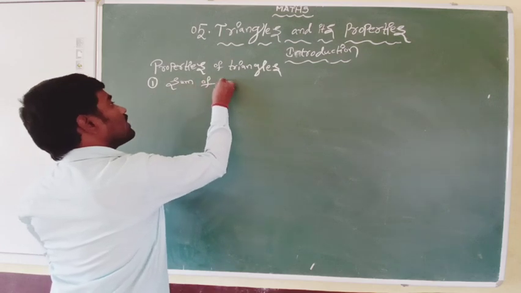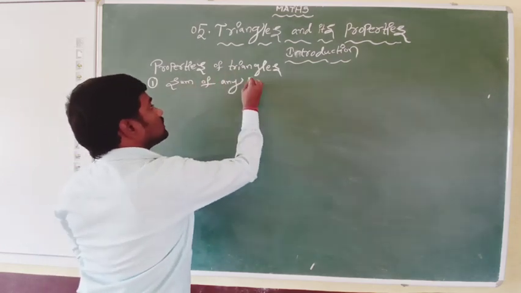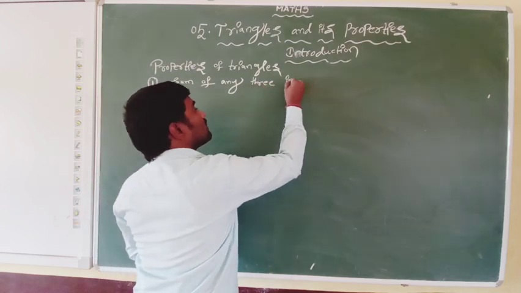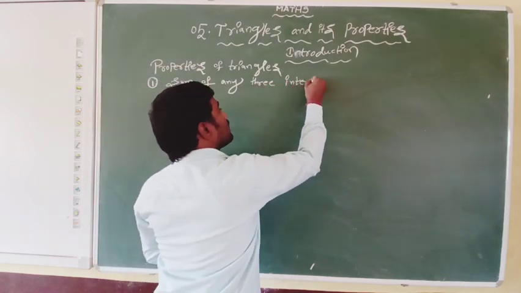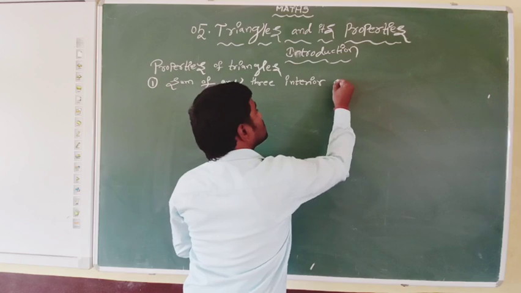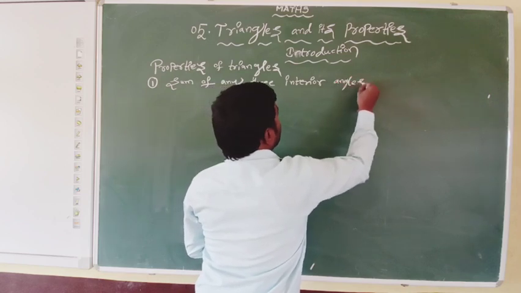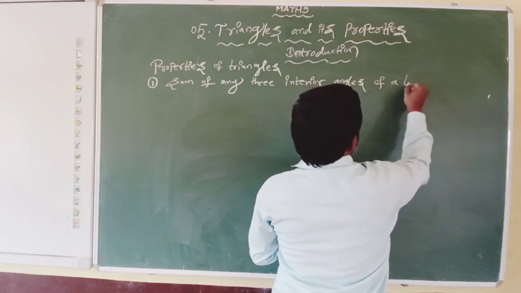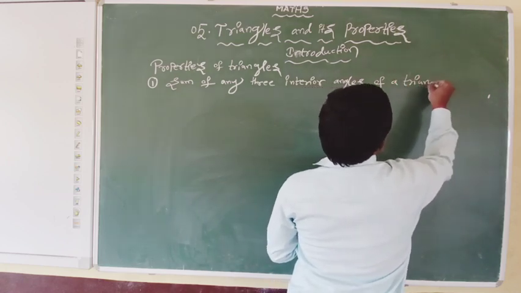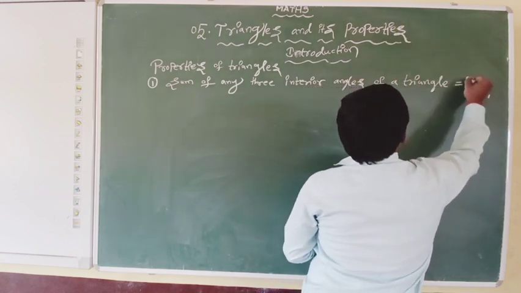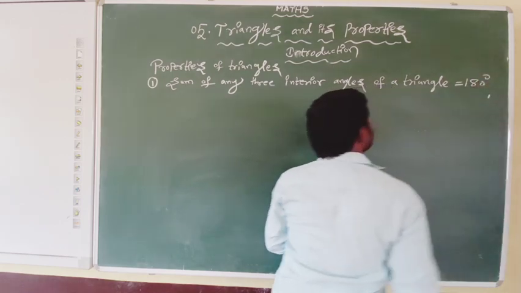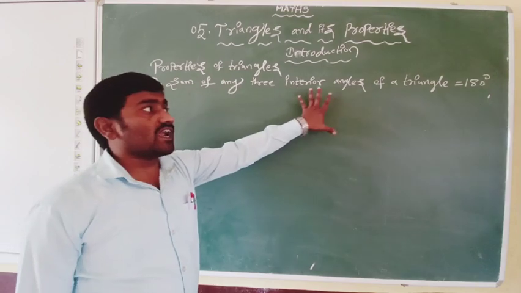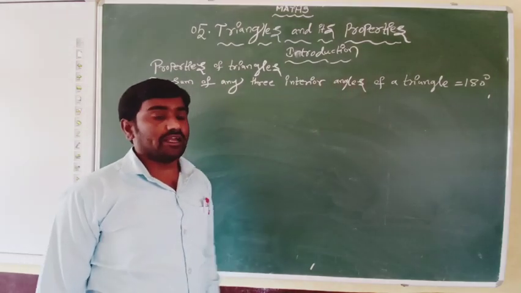Sum of any three interior angles of a triangle is equal to 180 degrees. So the sum of any three interior angles of a triangle is equal to 180 degrees.